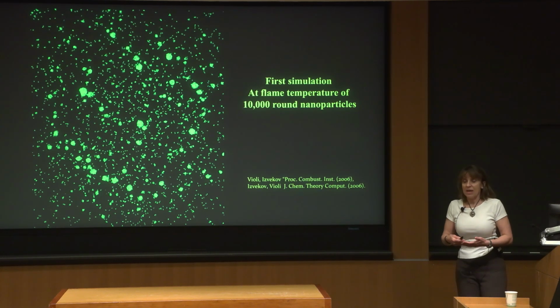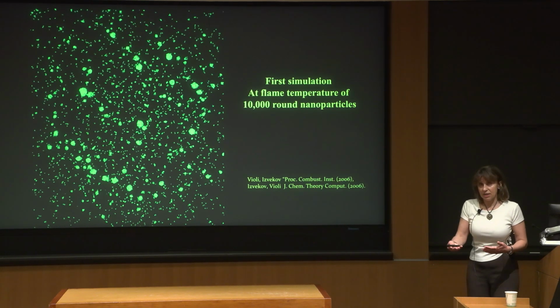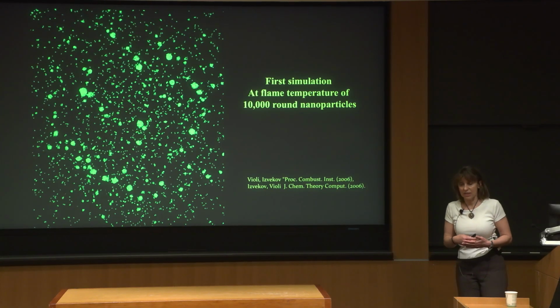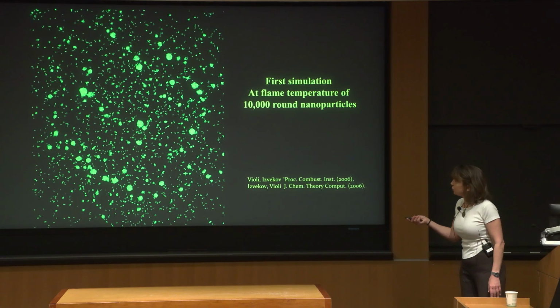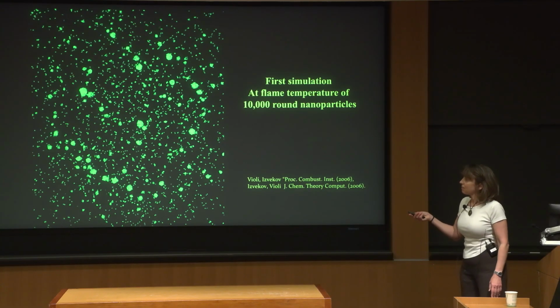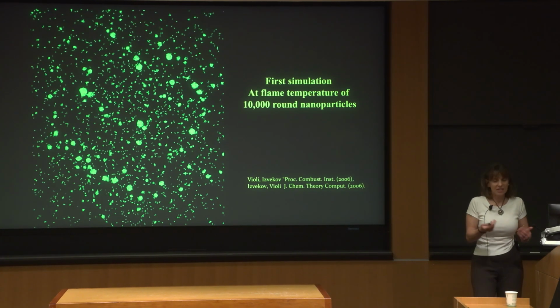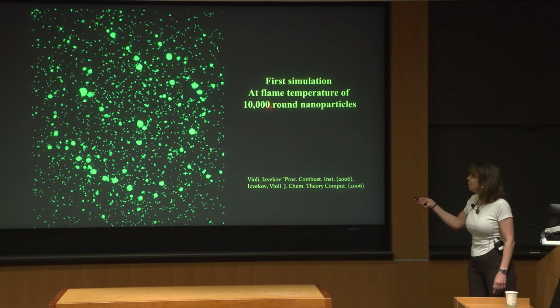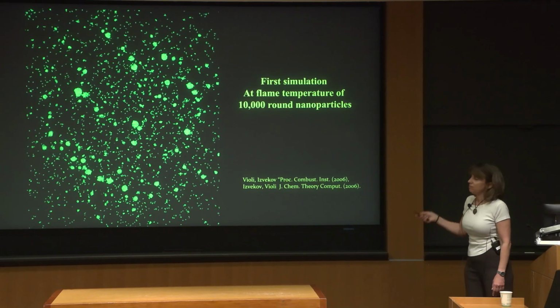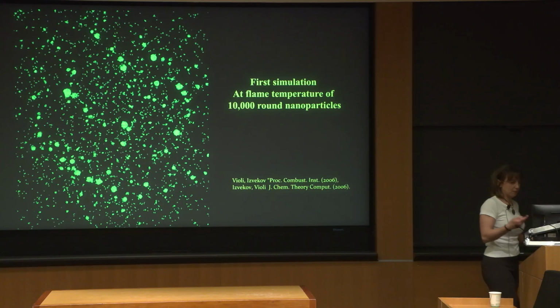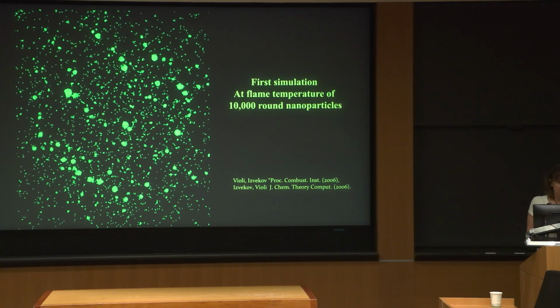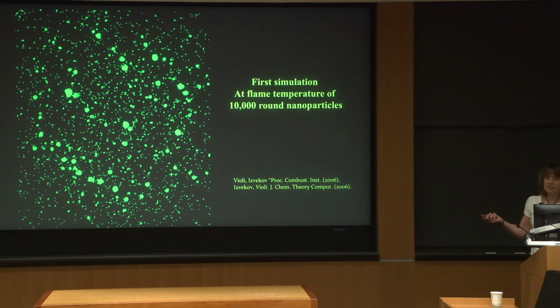So the idea is that MD can help you with the mechanism, can tell you how the shape and morphology influence those rates, and also show the formation of those bigger structures, which I thought was very cool, because this was done at flame temperature. The real flame temperature, not an extreme temperature. So this leads you to the formation of primary particles in soot.